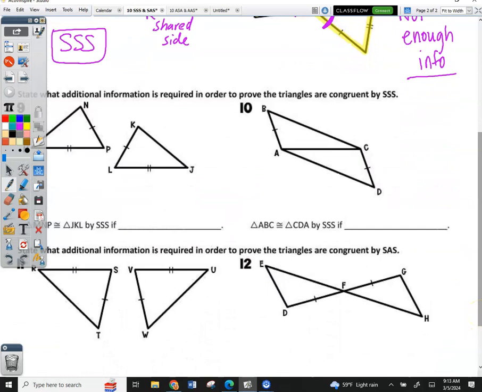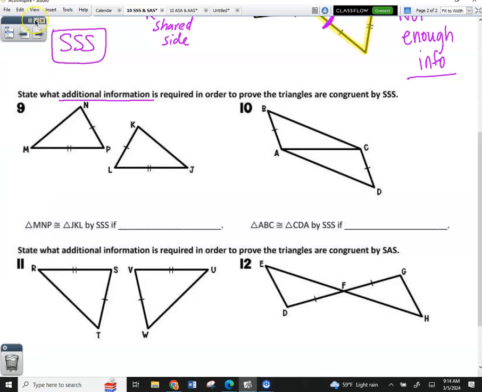The last 4 questions are saying, what additional info, meaning what is it that you need to know that's not marked in order to use the side, side, side shortcut? So now the triangles are labeled with letters.